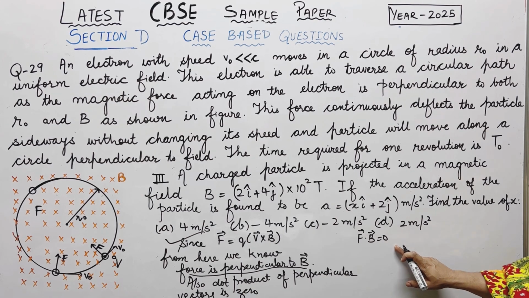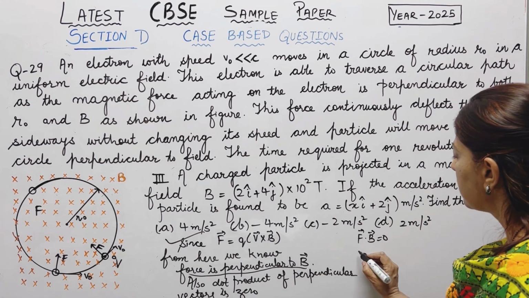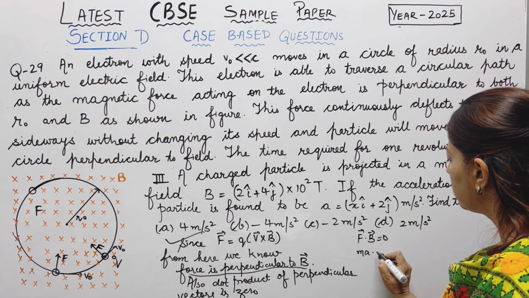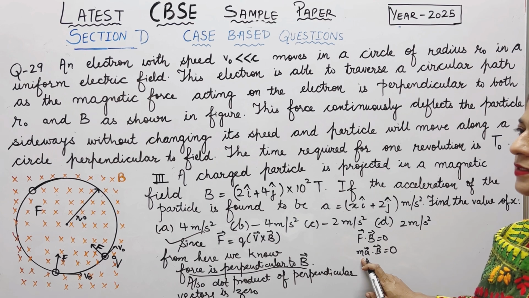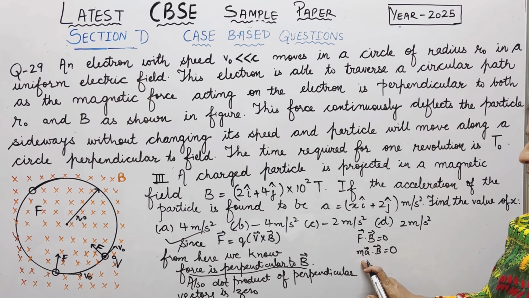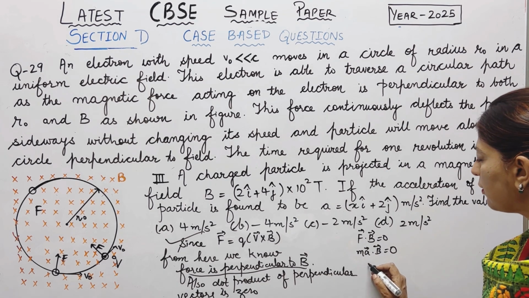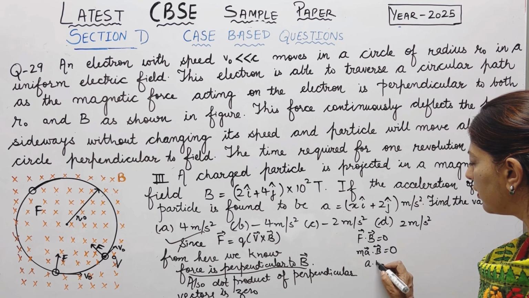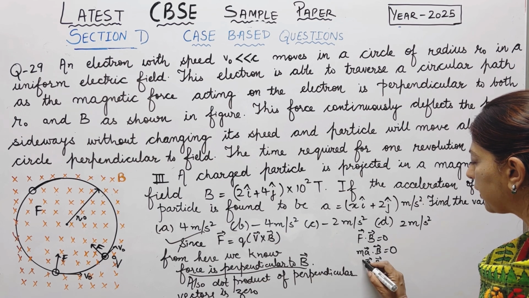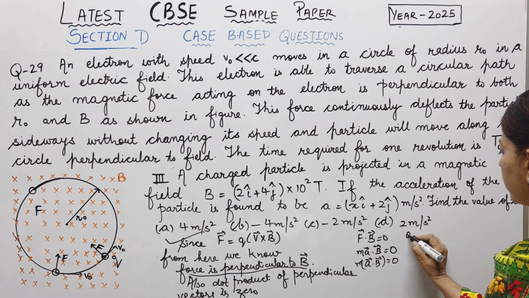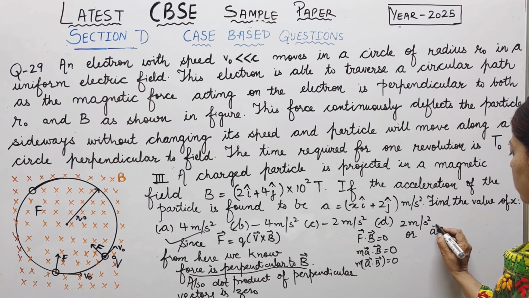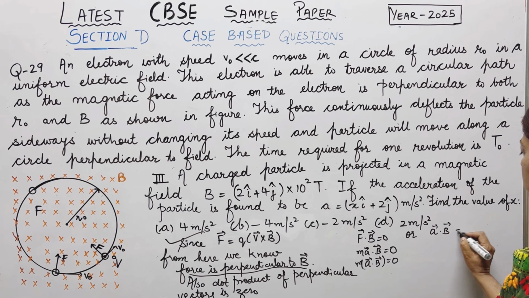Now force is mass into acceleration dot B, and this is equal to 0. Since mass is a constant quantity, it can be taken outside, so A dot B will also be 0.